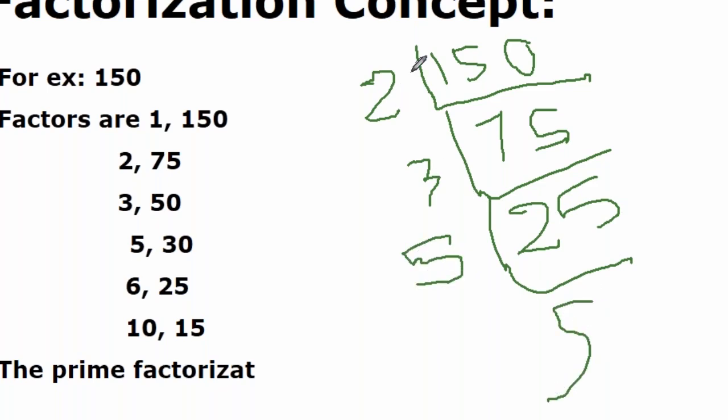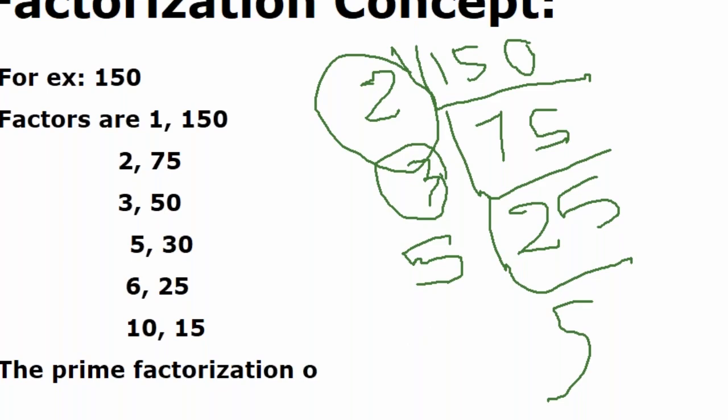How many twos? Only 1 two. How many threes? Only 1 three. How many fives? 2 fives. Nothing but 2 power 1 into 3 power 1 into 5 square is the prime factorization of the given number 150. So the prime factorization of 150 is 2 power 1 into 3 power 1 into 5 power 2.